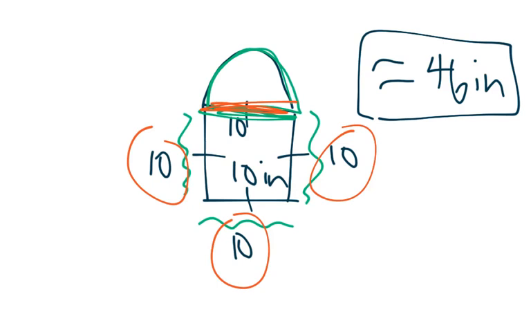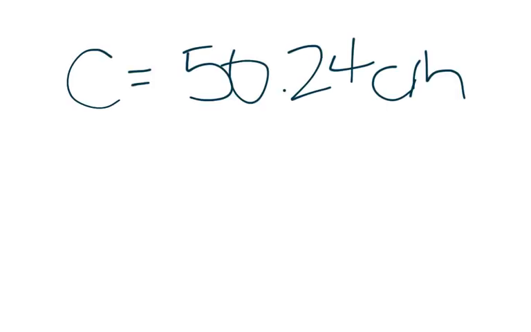And another thing that you might need to know is if they give you circumference. So let's say that they give you circumference is 50.24 centimeters. And maybe they want to know what the radius is. Okay? How would you figure that out?